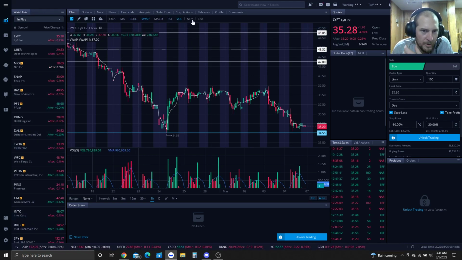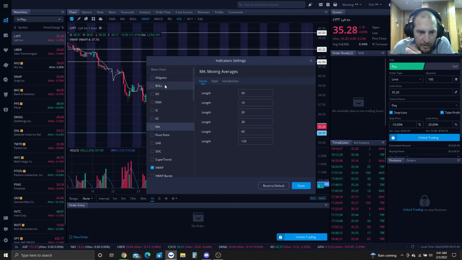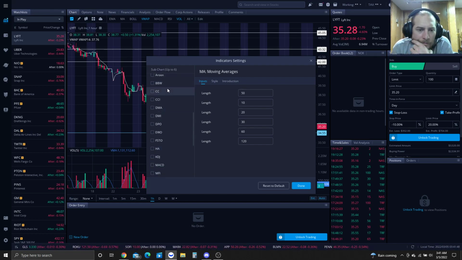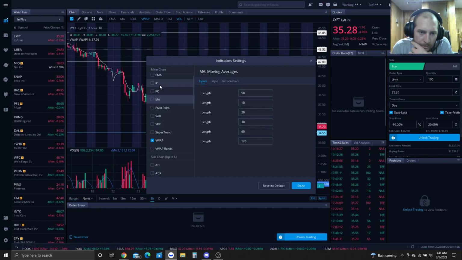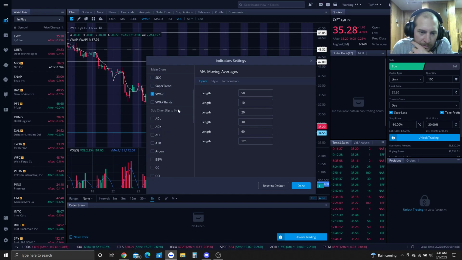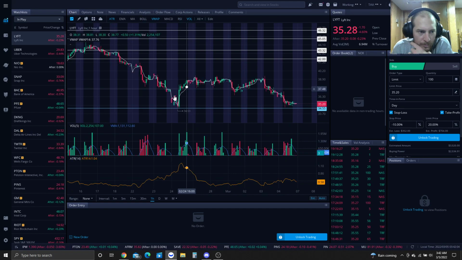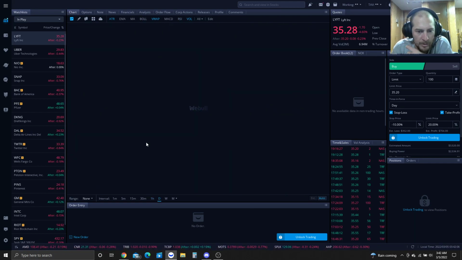So what I can show you here is if we put an indicator on the chart, just put the ATR on here. Main chart. I'm looking for, there it is, the ATR, right? So what we're looking at is we want things that move on a daily chart.